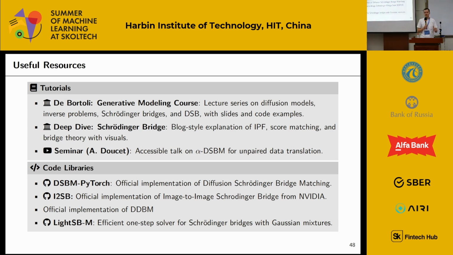I would say that a particular way to overcome this issue is to train an unconditional model and somehow combine it with classifier or classifier-free guidance, as it is done in text-to-image models. But this is also not so straightforward for the diffusion bridge framework, because not all of this stuff with classifier guidance can be easily translated here. Thank you.